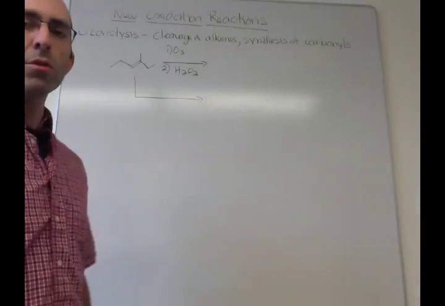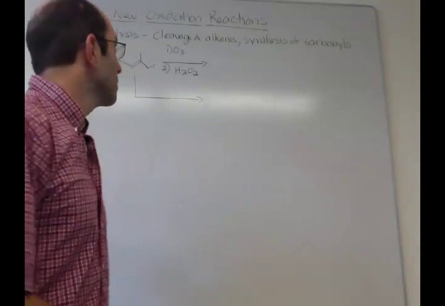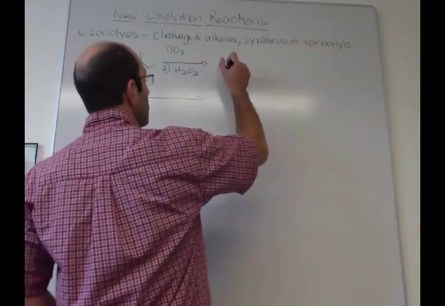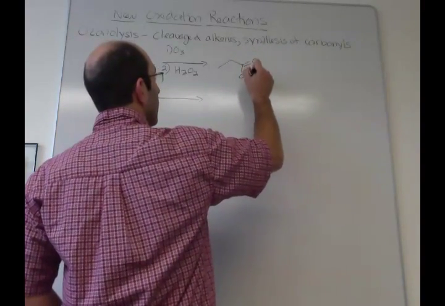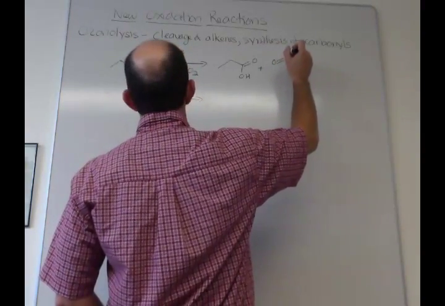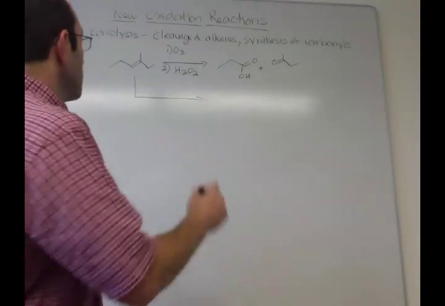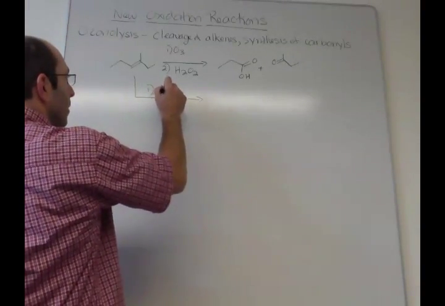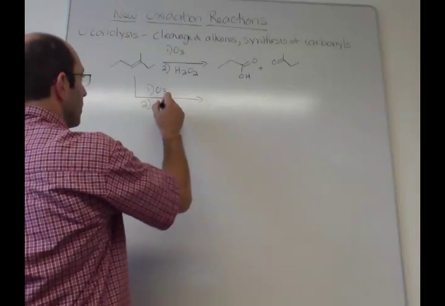We can use ozone and hydrogen peroxide. These are known as oxidative conditions. And in this reaction, we'll end up with a carboxylic acid plus a ketone.